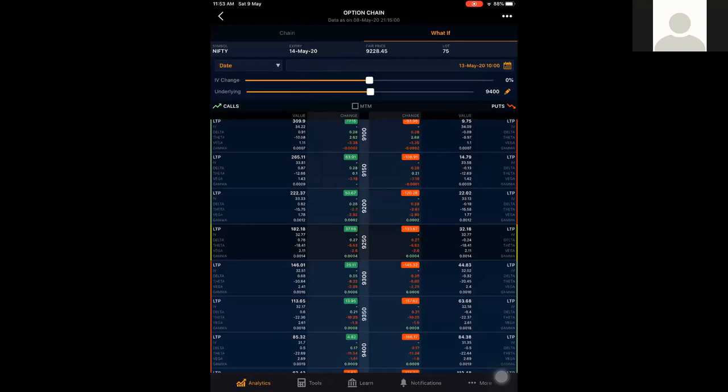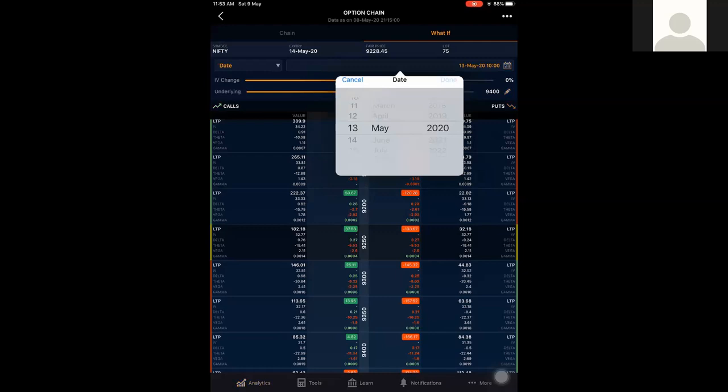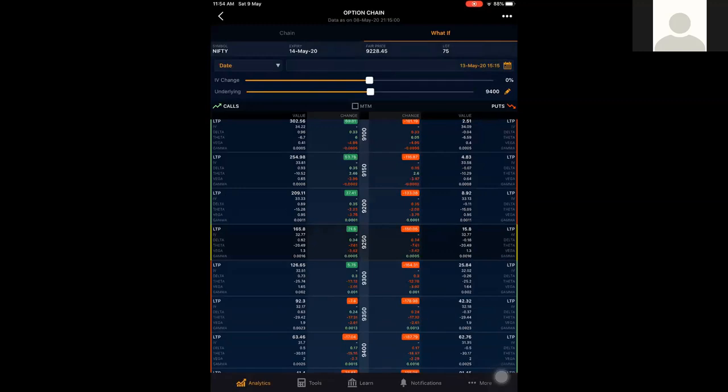Now if I say instead of 10 a.m. on 13th, it is at 3:15 p.m. towards the closing, the 146 premium will become 126 because expiry is just 1 day away.